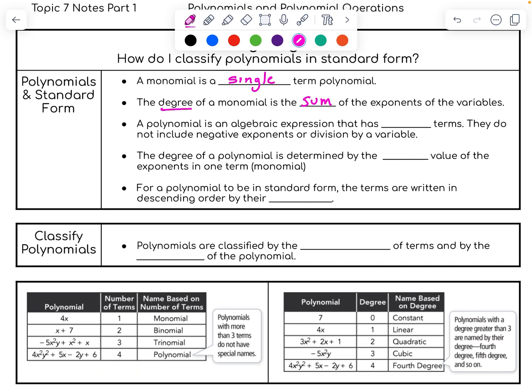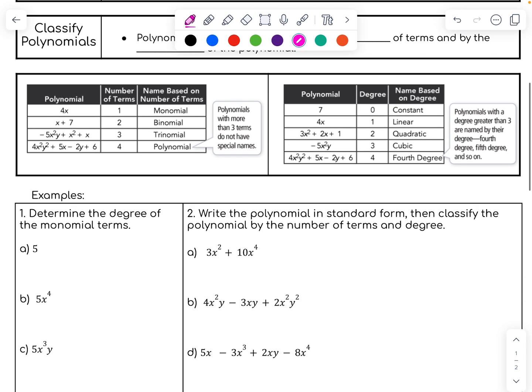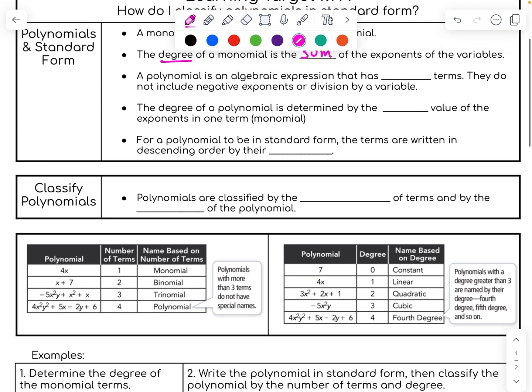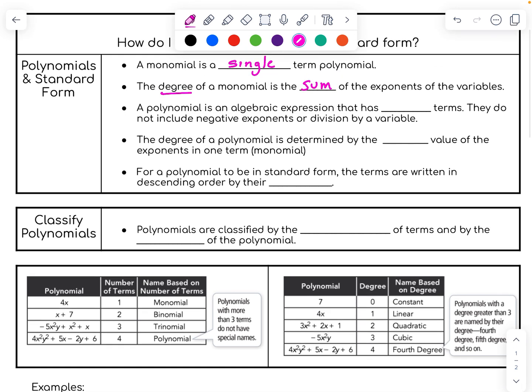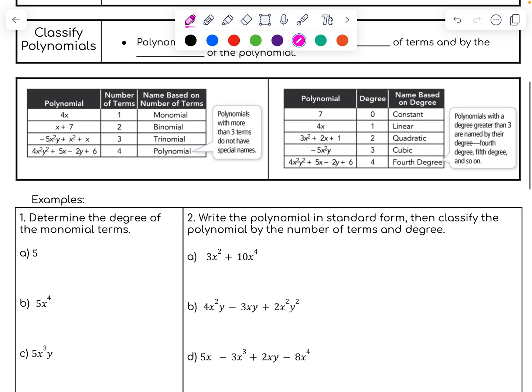Example 1 is just finding the degree. So if you go down to your examples and find the degree of the monomials, it is what we said earlier, it is the sum of the exponents. If you look at number 1, part A, it has no exponents in the variables.